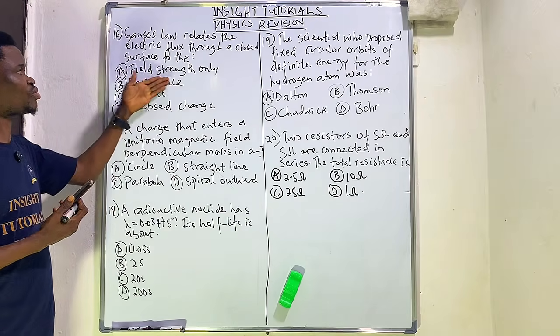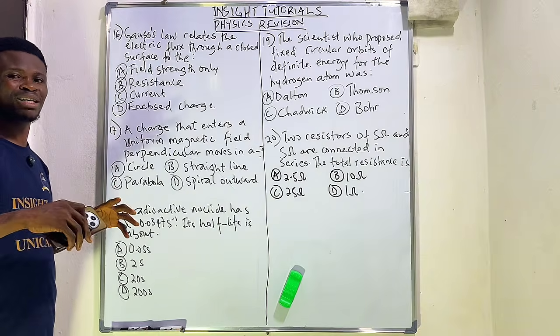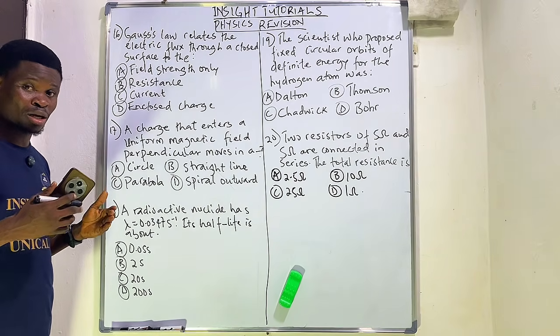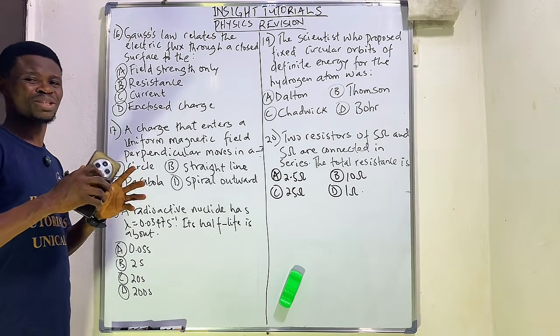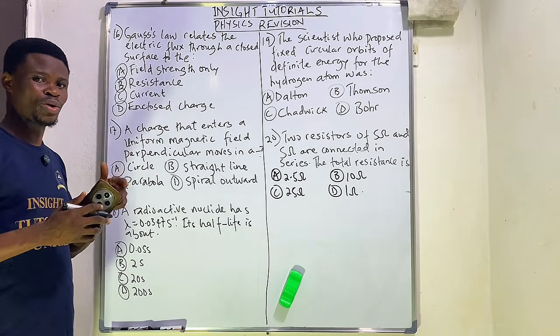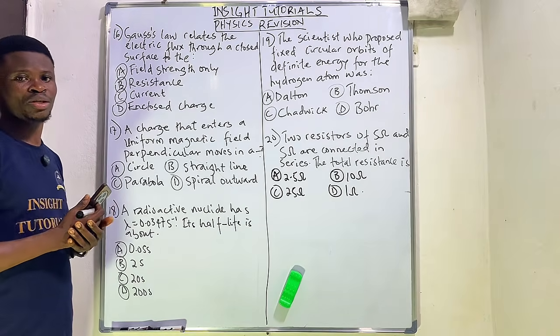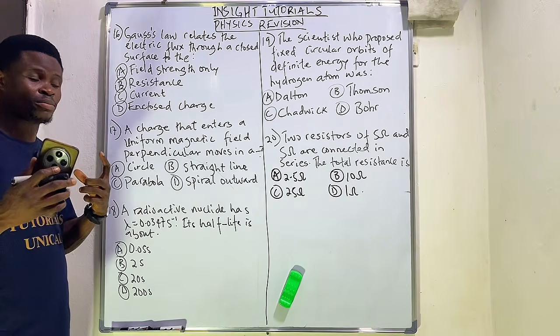And if we say field strength only, Gauss law does not just measure field strength only, it talks about the total flux. So Gauss law actually relates the total flux through a closed surface to the net electric charge enclosed inside that surface.